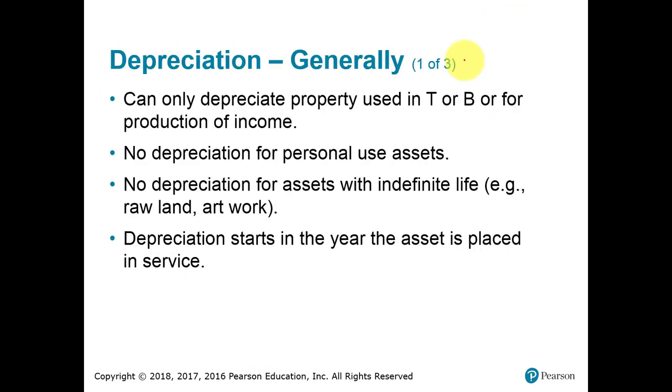So some general rules regarding depreciation. It applies to assets for trade or business, or production of income. Remember, whenever you hear this phrase, production of income, think rental property. You're a landlord. So here's the building that you're depreciating. Here's the furniture, the equipment in that building that you're depreciating.